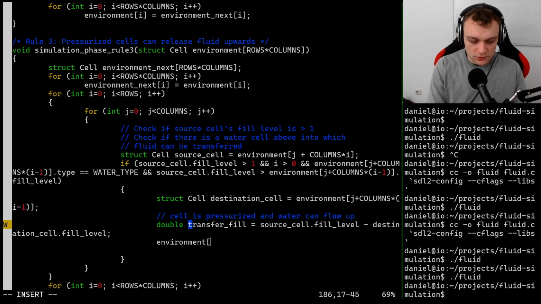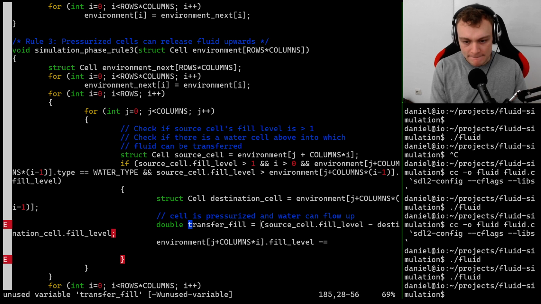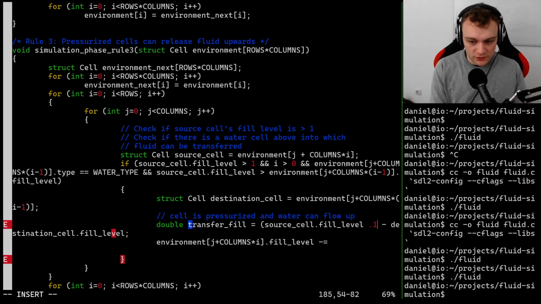Let's just get the current cell, columns multiplied by I, and in the source cell we decrement the fill level by... no, we have to make sure that we only want to transfer up what is bigger than 1, so we have to do source cell fill level minus 1.